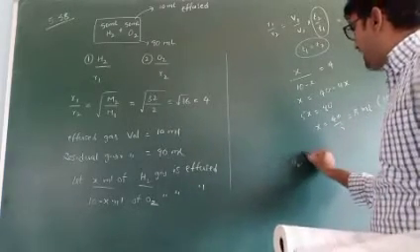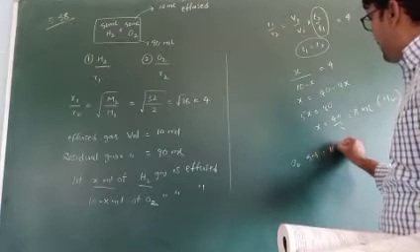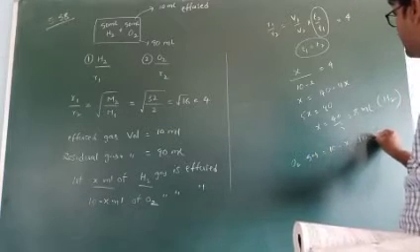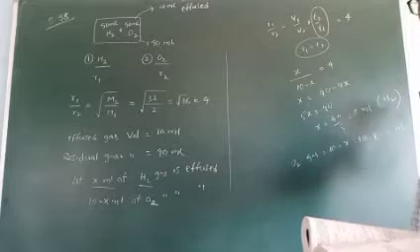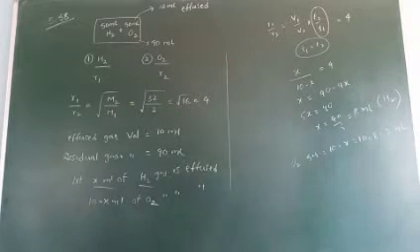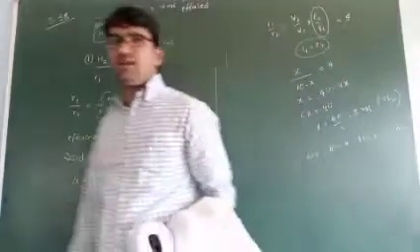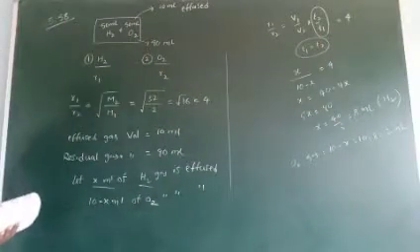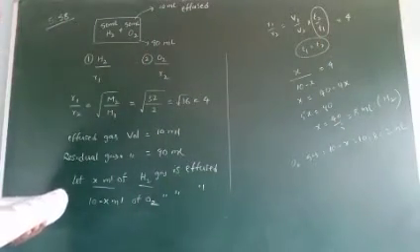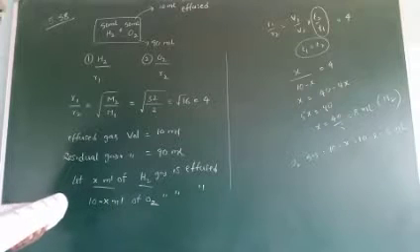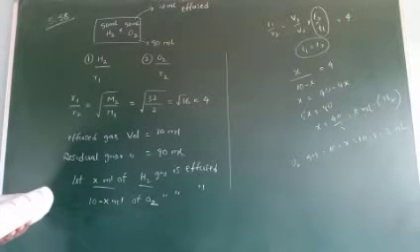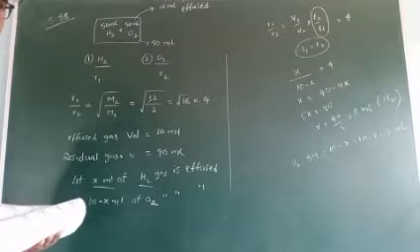Then O2 gas is equal to 10 minus x, that is 10 minus 8 equal to 2 ml. Do you understand this? So in total 10 ml, 8 ml of hydrogen gas and 2 ml of oxygen gas is effused.